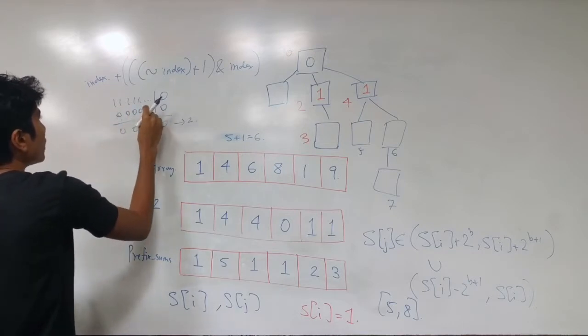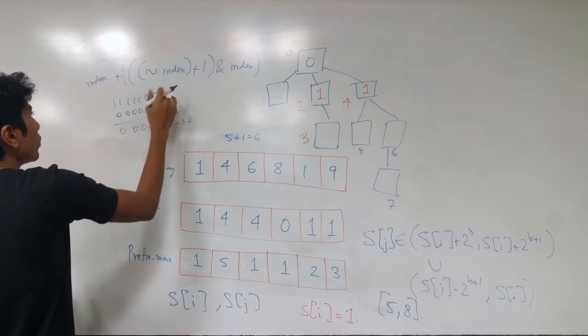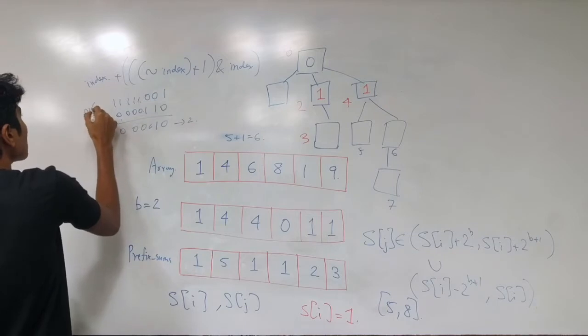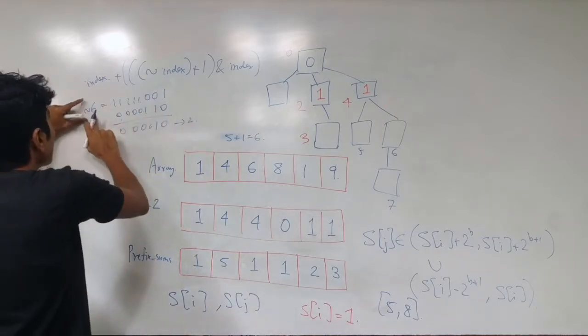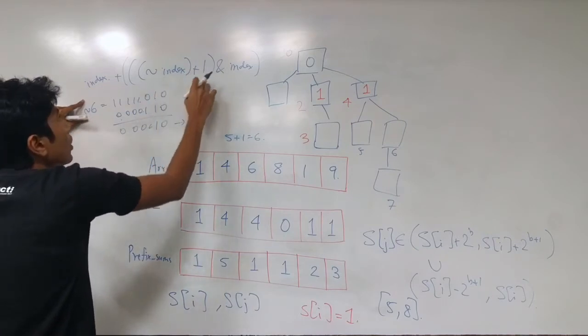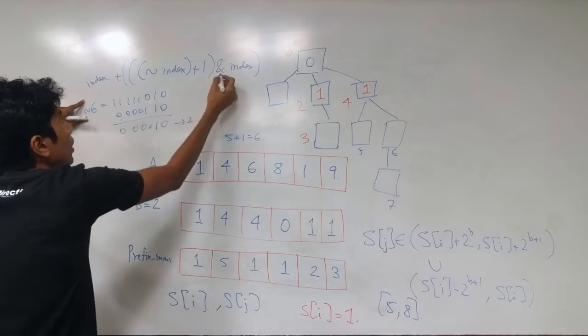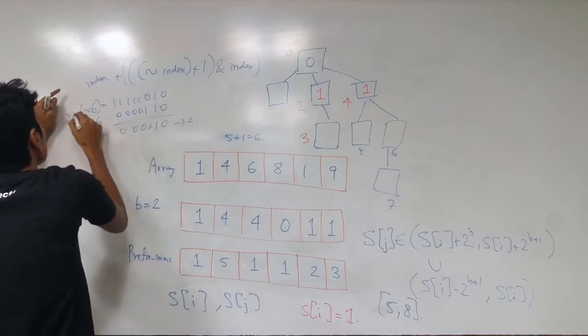Not of that is going to give you lots of 1s, 2 zeros, and a 1. So this is the not of 6. This is 6 itself. So first of all, with not of 6, we need to add 1 to it. So this becomes 1, 0, and this number. So we AND 6 with 2's complement.